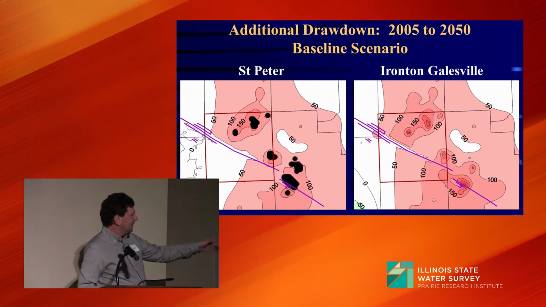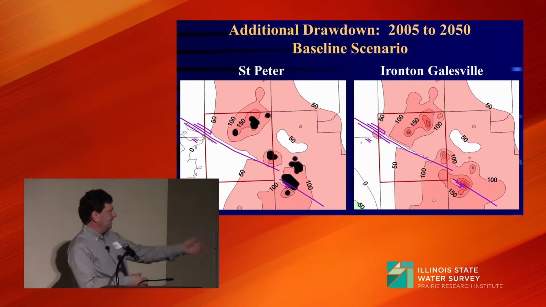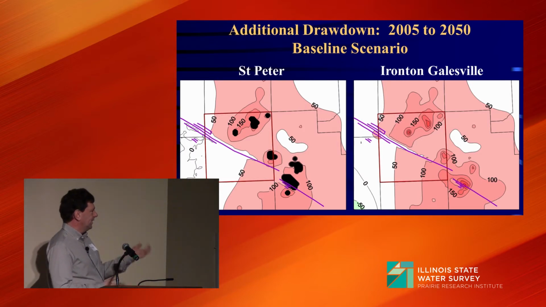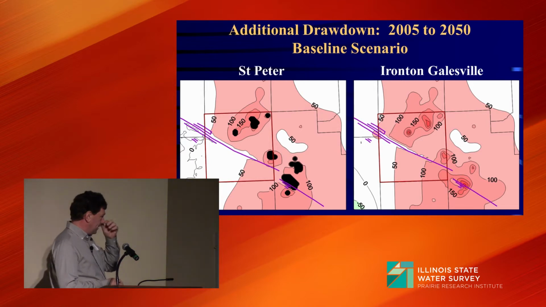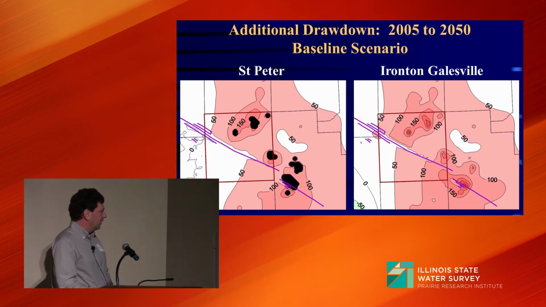Zooming in on Kendall County, we see that desaturation in the St. Peter sandstone, and then the lower sandstone, the Ironton-Galesville, has exaggerated or extra drawdown because that's where the water has to come from now if the St. Peter is not supplying it. So this says that, okay, going forward, we don't really have a sustainable growth that we can rely on the aquifer. So what are some of the things we can do?